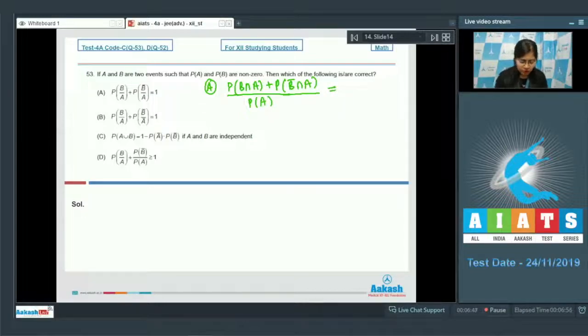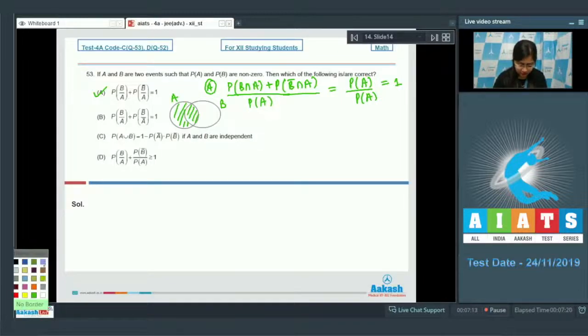So this is equal to, now this can be solved with the help of Venn diagrams. Let us say this is A and this is B. So B intersection A is this part and B bar intersection A is this part. So this is equal to probability of A upon probability of A, that is definitely equal to 1. So this option A is correct.